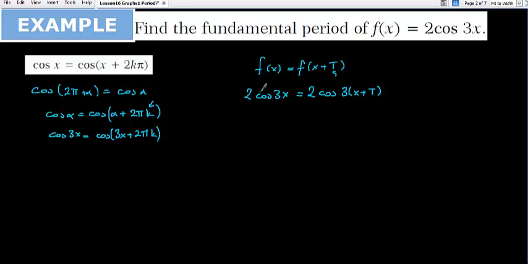So this 2 and this 2, if we simplify, cosine 3x is going to be equal to cosine of 3x plus 3T, if we distribute the values.